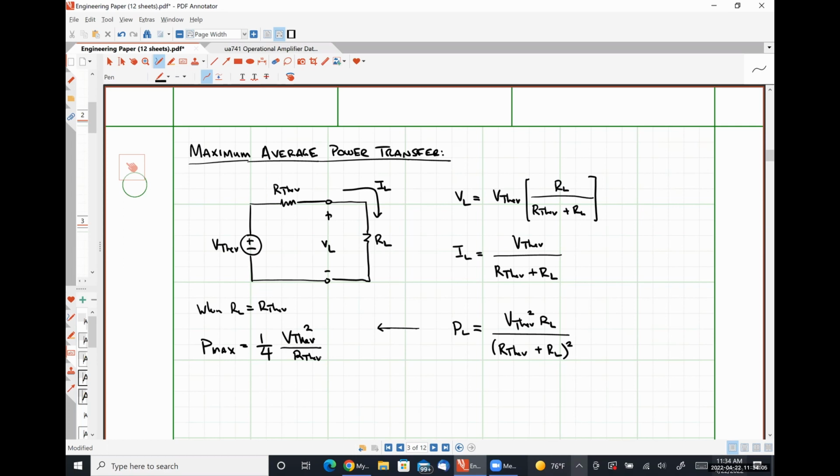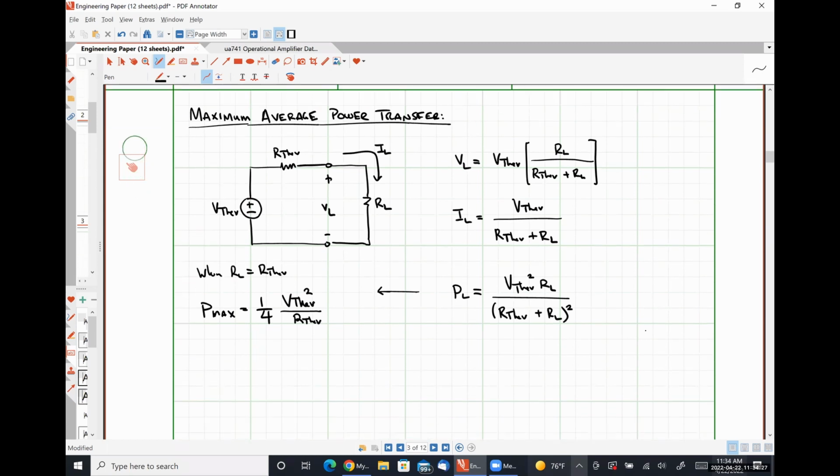What we are going to introduce here is a steady state sinusoidal analog, where we are going to determine under what conditions maximum average power transfer occurs.